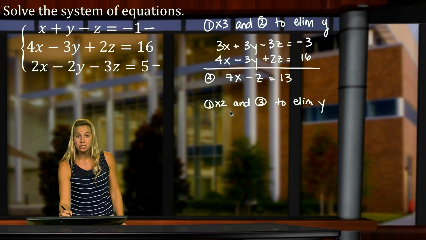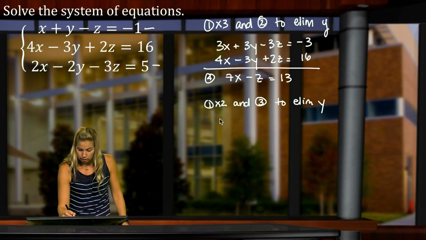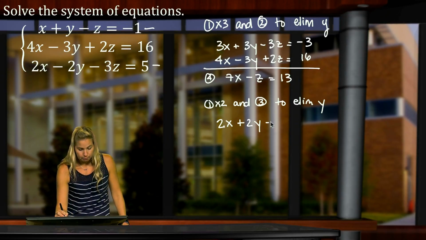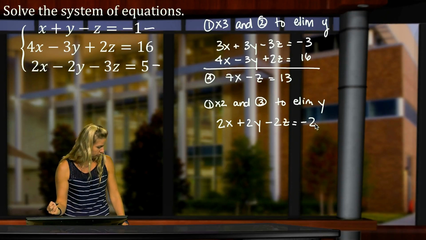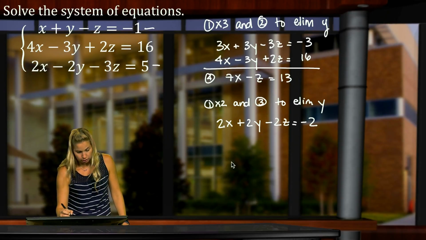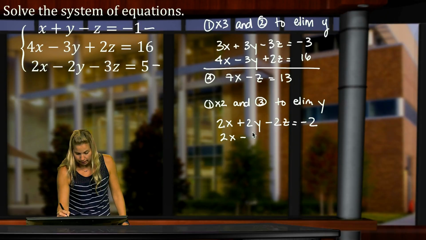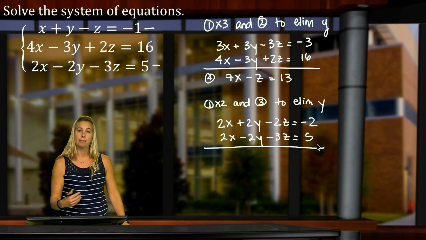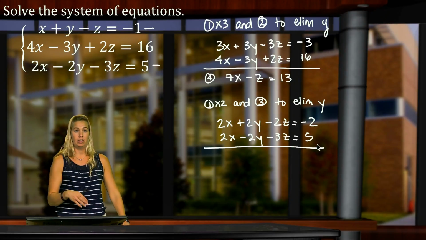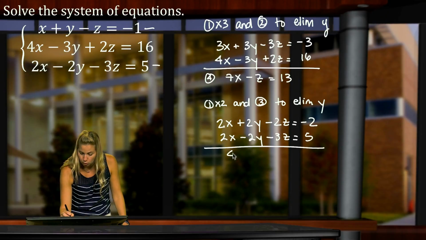So our first equation multiplied by 2 is 2x plus 2y minus 2z equals negative 2. And my third equation, 2x minus 2y minus 3z equals 5. I'm going to combine these two equations to get my fifth equation. We have 4x minus 5z equals 3.